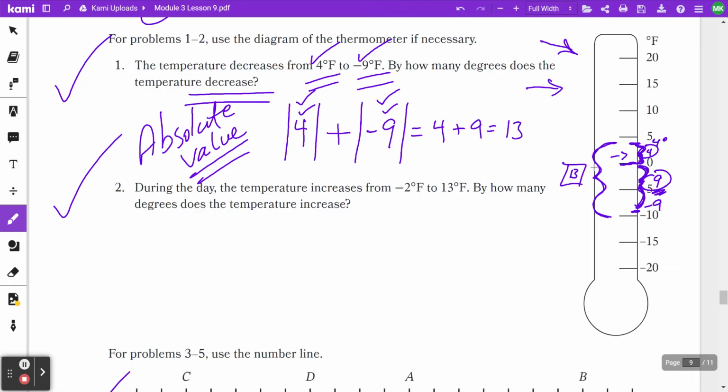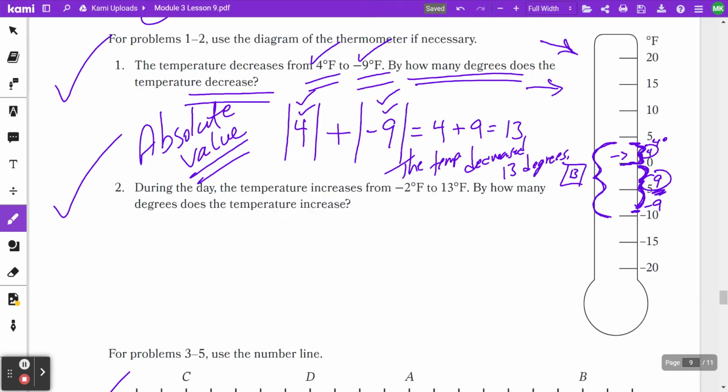So those are 13 away from one another, which means that the temperature decreased by 13 degrees. Okay, so the temperature decreased 13 degrees, like that. And this is what we're doing today.